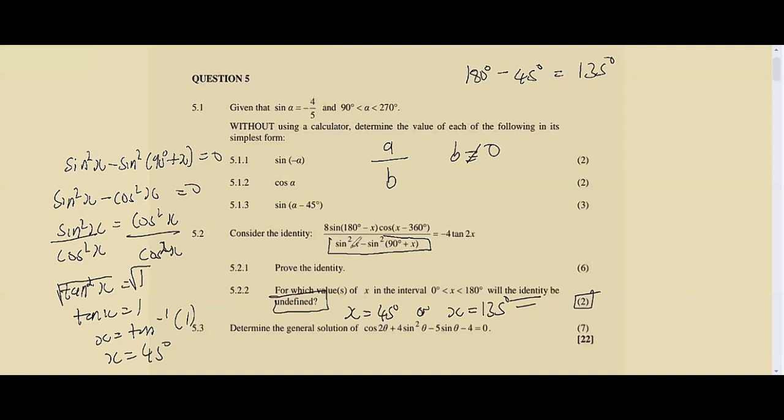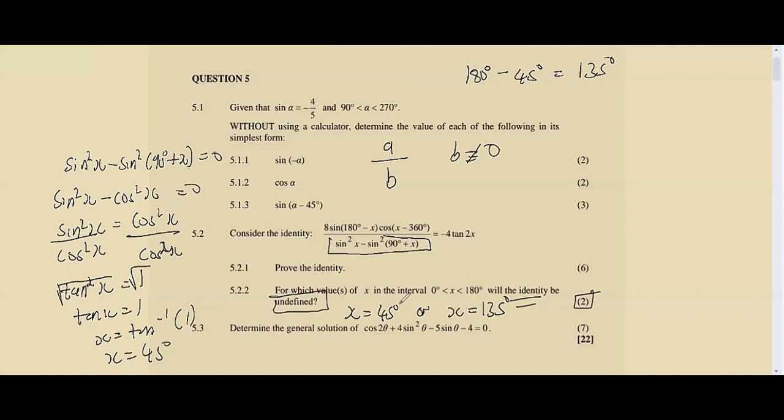So even if you go here and try to substitute 45, you will see that this whole expression will give you 0. Also, if you try to substitute 135 in the place of x, you would see that this expression here in the denominator gives you 0. So remember, you only test with the denominator here. We know that if the denominator is 0, then the expression is undefined.